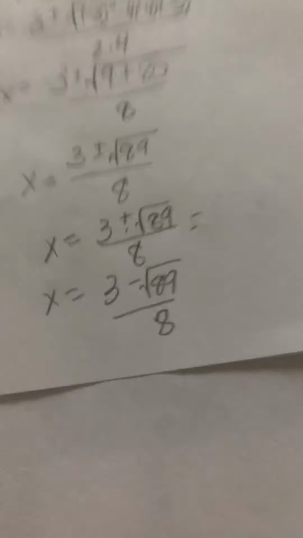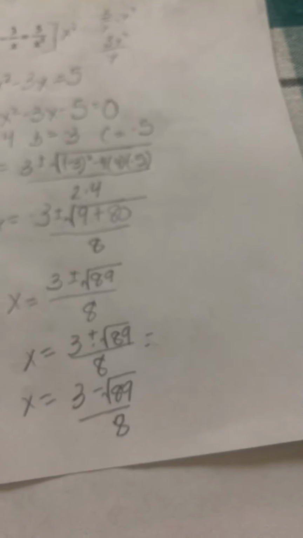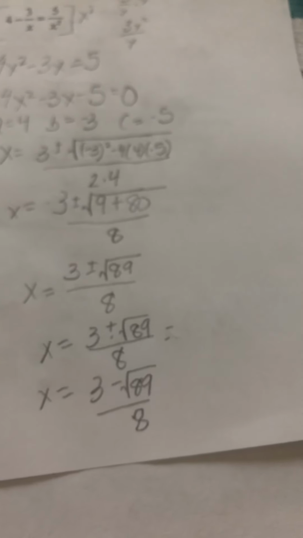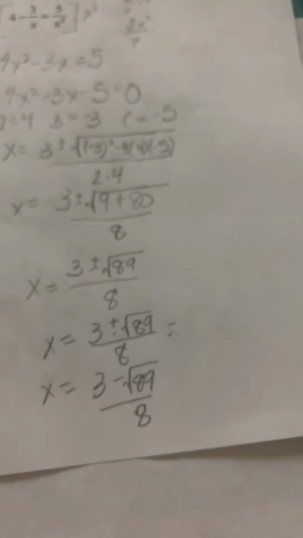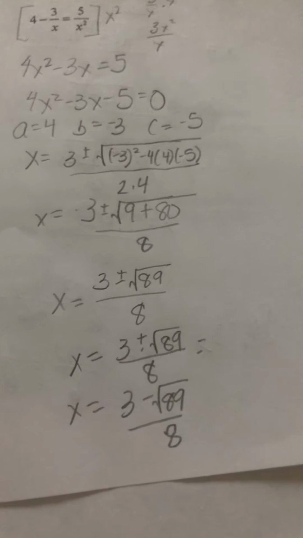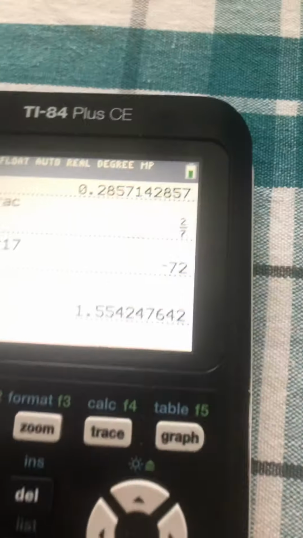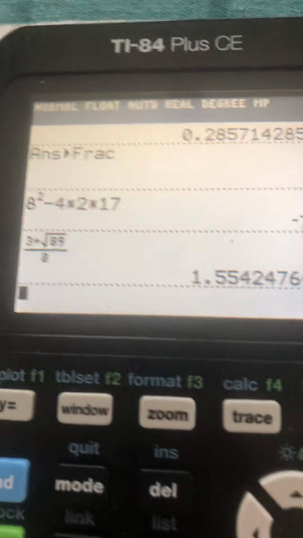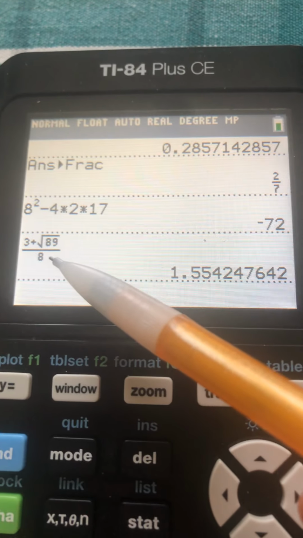Okay, so all in one line in the calculator, please. So there it is, round to 2 places. Look what I did here, 1.55.